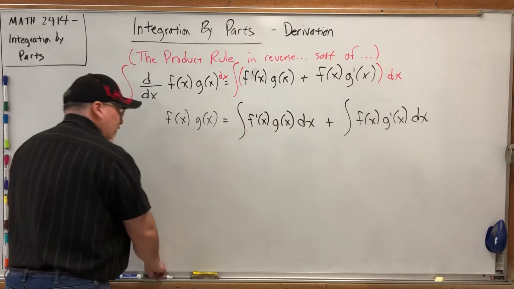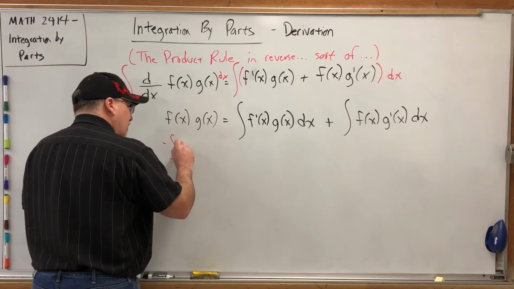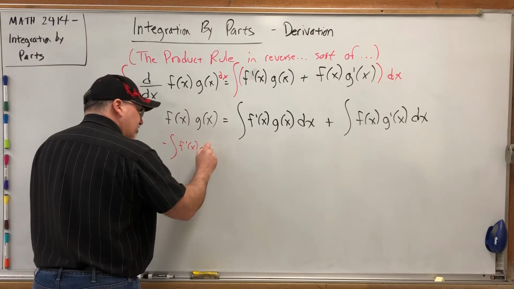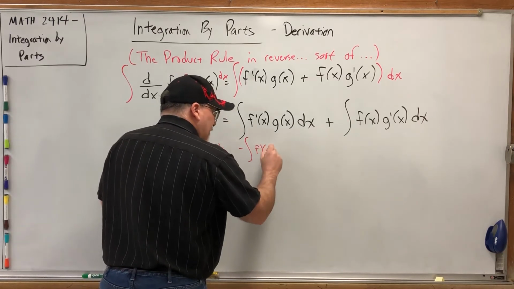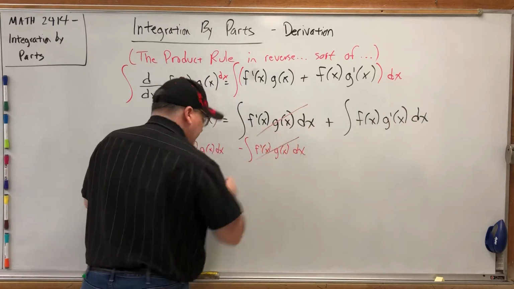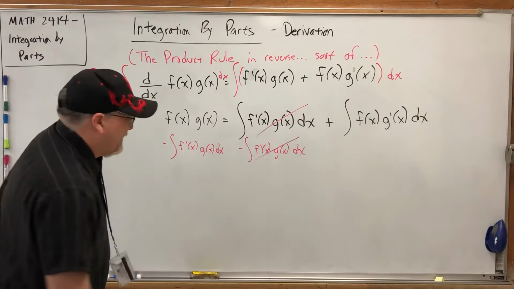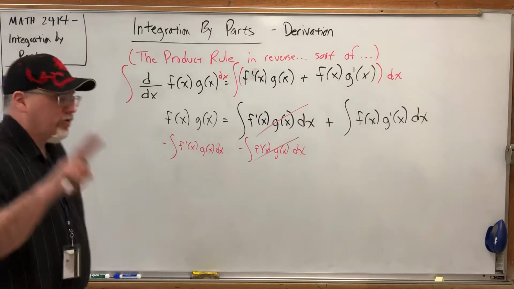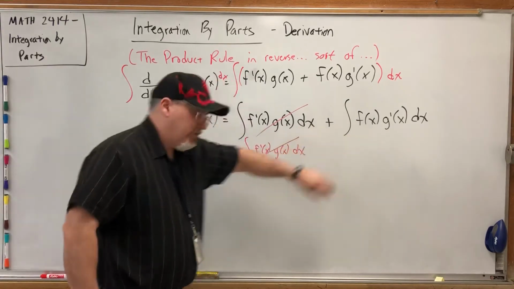In fact, let's go ahead and write that move from an algebra perspective. Subtract the integral of f prime of x, g of x dx from the left. Subtract the integral of f prime of x, g of x dx from the right. Of course, these would cancel. And then we end up getting that integral isolated. And because this is going to be our quote-unquote rule, I'm going to start writing this by writing this integral.